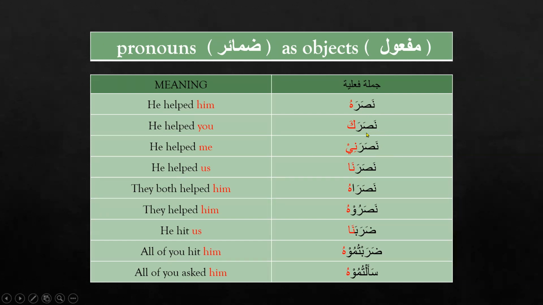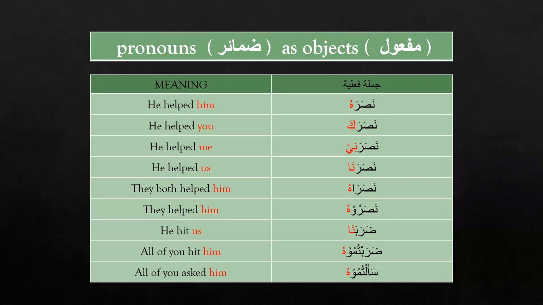Again here nasara, the huwa version is used, so here the damir is mustatir. But remember, these are two parts. Here, you will say why is it mustatir? Because we are only seeing the first portion of our jumla fi'liya, our fi'l and fa'il, and here the fa'il is hidden. It is mustatir. So it has two parts, our fa'il and the detail or maf'ul.